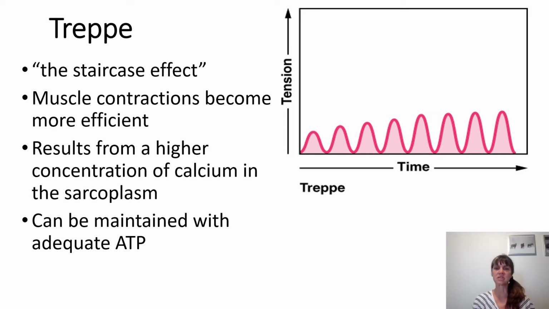This treppe or staircase effect, of building the strength of contraction or tension of contraction, occurs because there is a higher concentration of calcium in the sarcoplasm. And this can be maintained as long as there is adequate adenosine triphosphate.